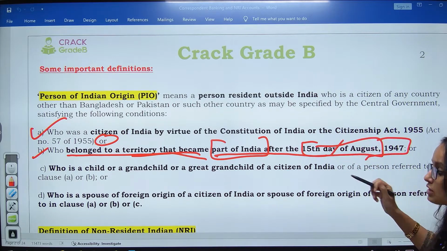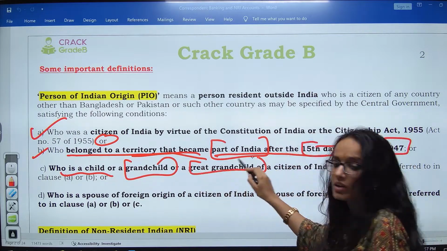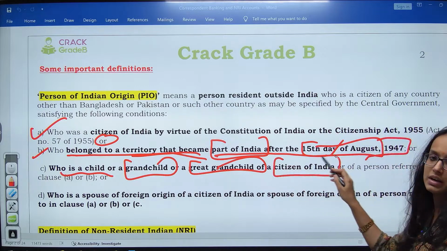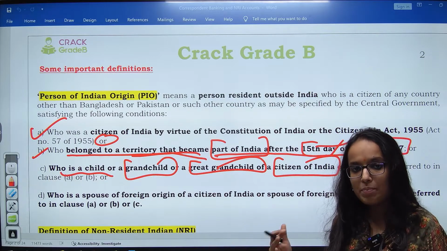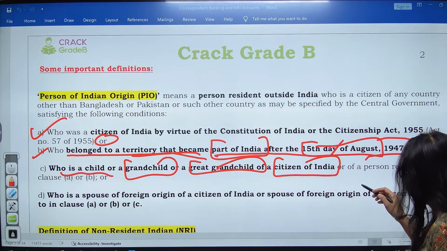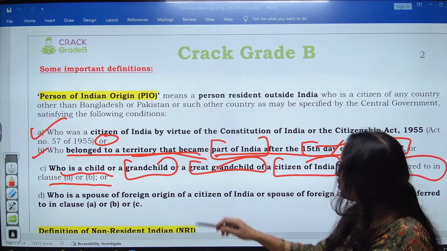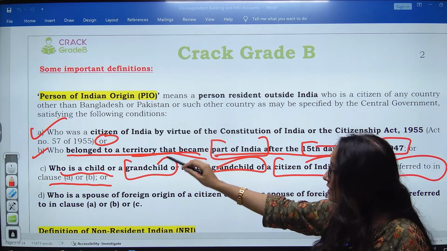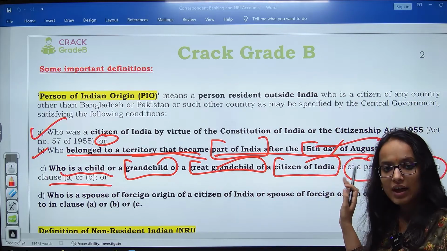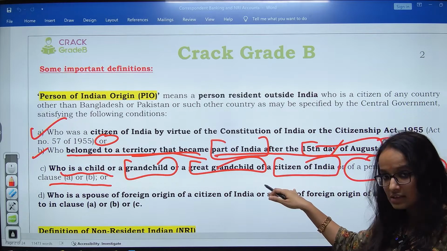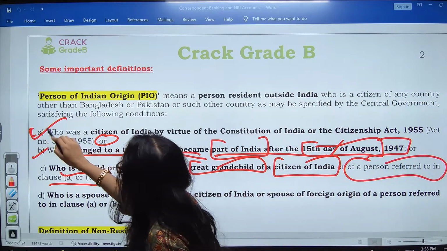Or who is a child, grandchild, or great grandchild of a person who has been a citizen of India, or of a person referred to in clause A or clause B.